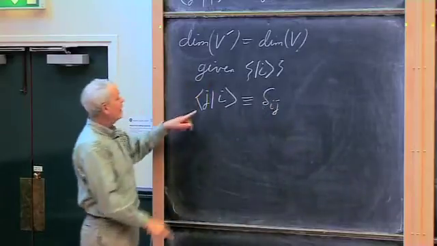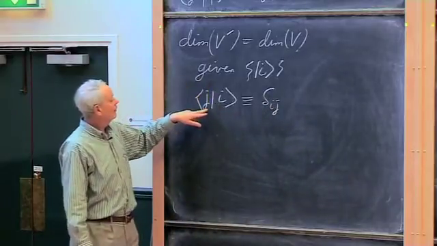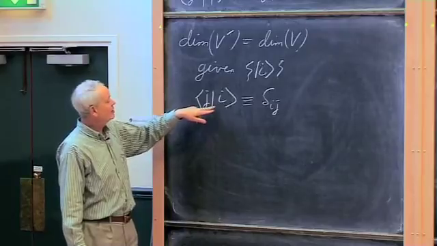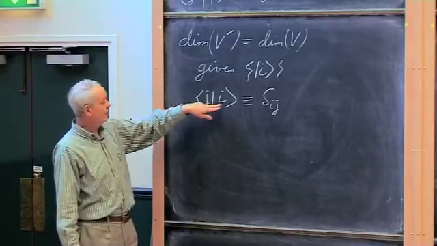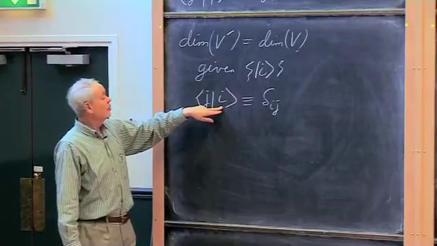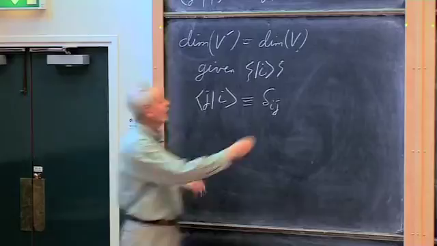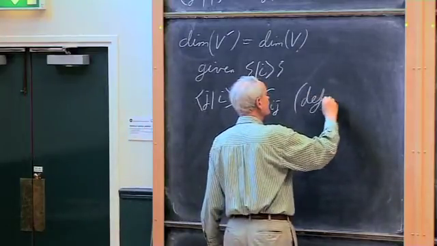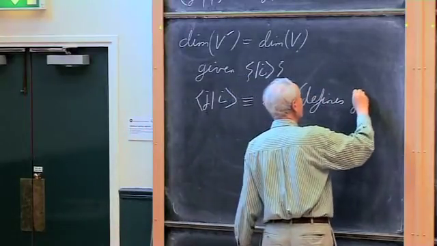So in other words, it's nothing if the label j is not equal to the label i, and it's 1 if the label j is equal to the label i. So this equation defines the bra <j|.